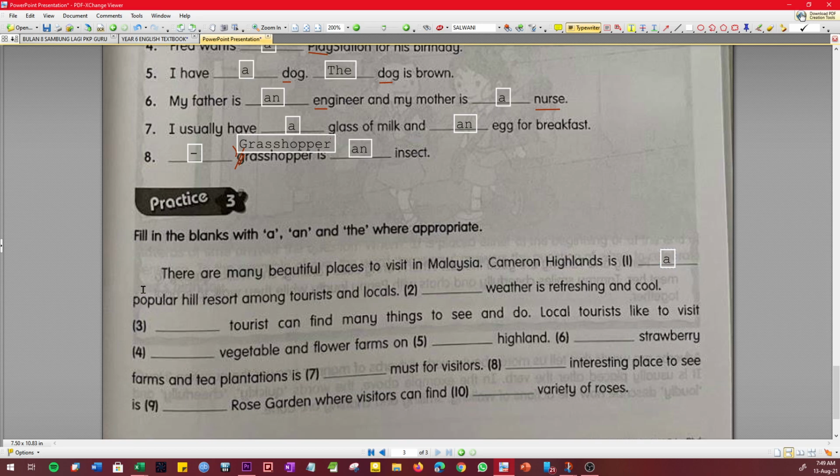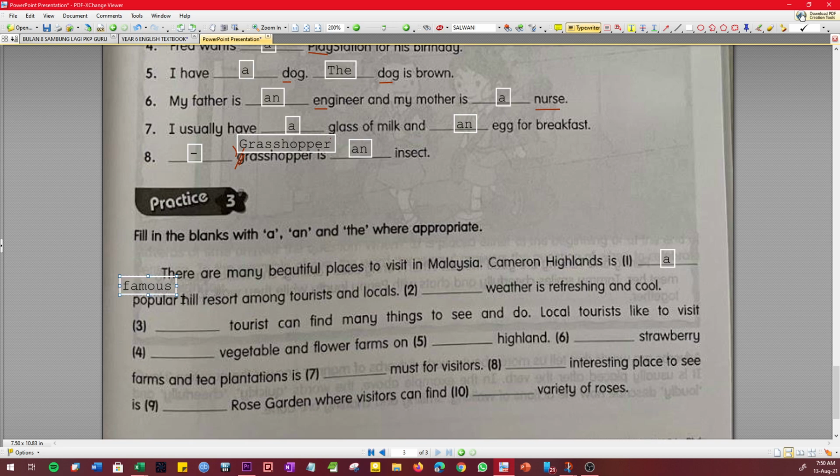Okay. What is another word for popular? Another word for popular. Famous. Synonym for popular is famous. Hill.